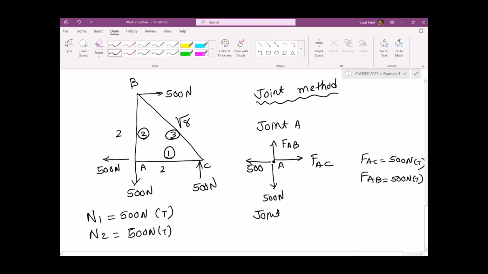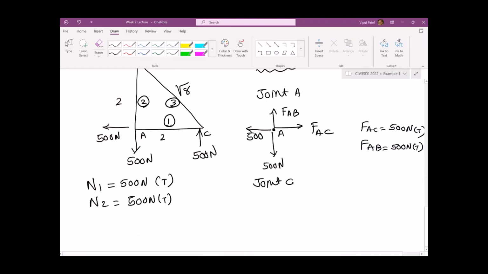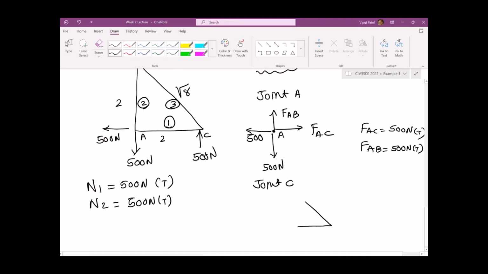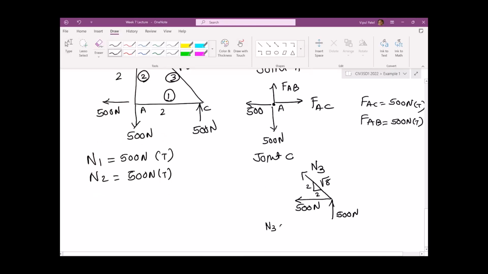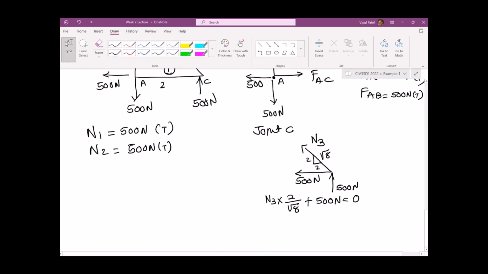And we can use the joint C. This is 500 newtons. This one 500 newtons. And this one N3, let's say, with 2 and square root 8. So N3 vertical component, 2 on square root 8, plus 500 newtons equal to 0.